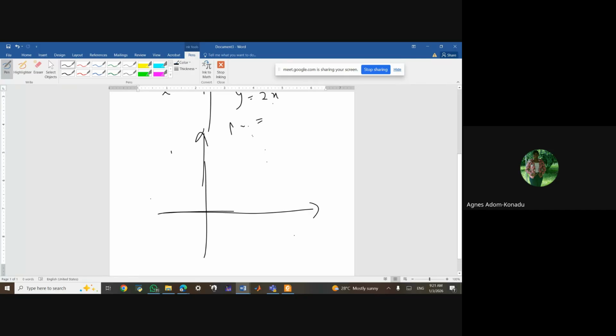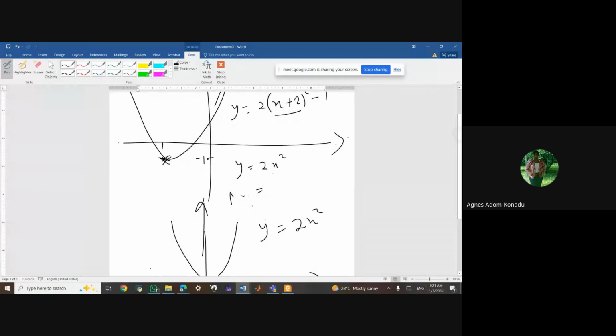This is the graph of y is equal to 2x squared. Now, when I compare these two, you see that this graph looks like this, but it has shifted 2 units. It's supposed to be at 0, but now it's -2. So it has shifted 2 units to the right.